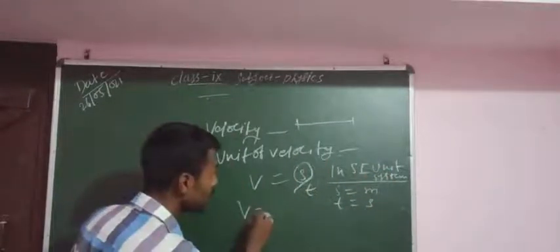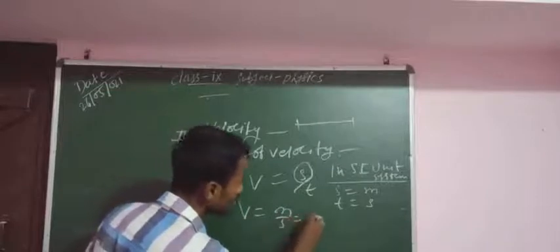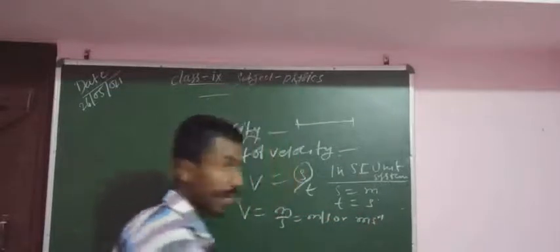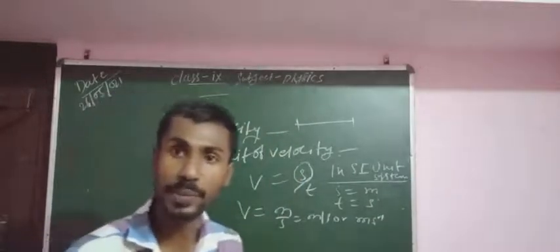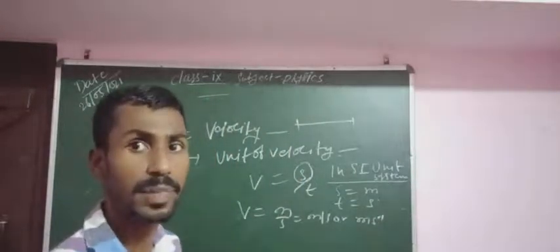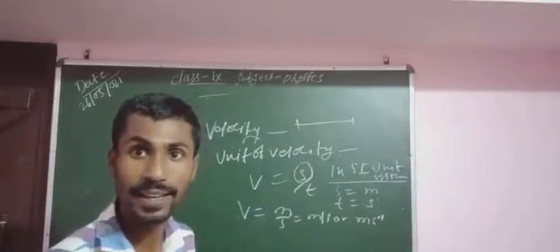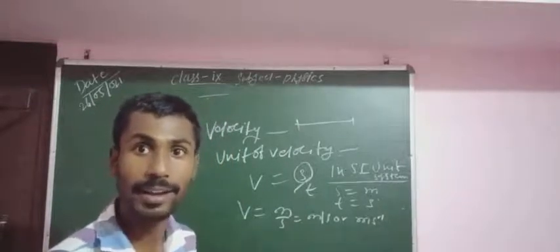That means v will be equal to meter by second, meter per second. The unit of speed or velocity is similar, but with a slight difference.